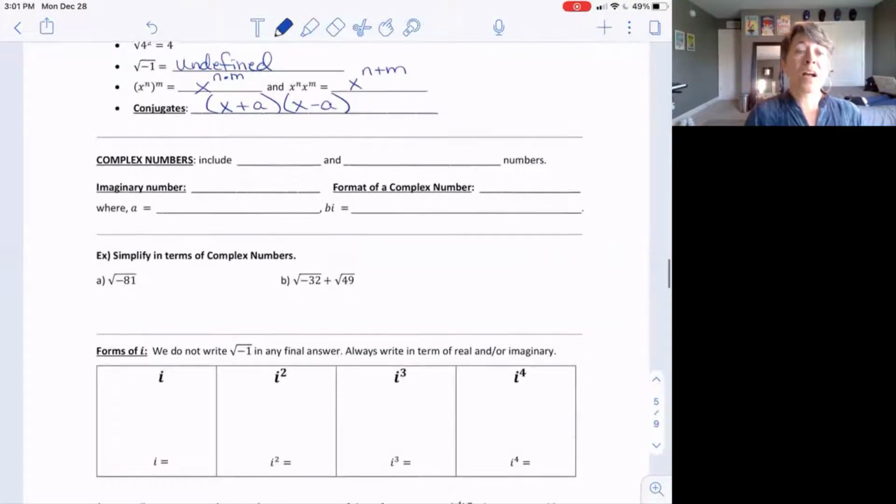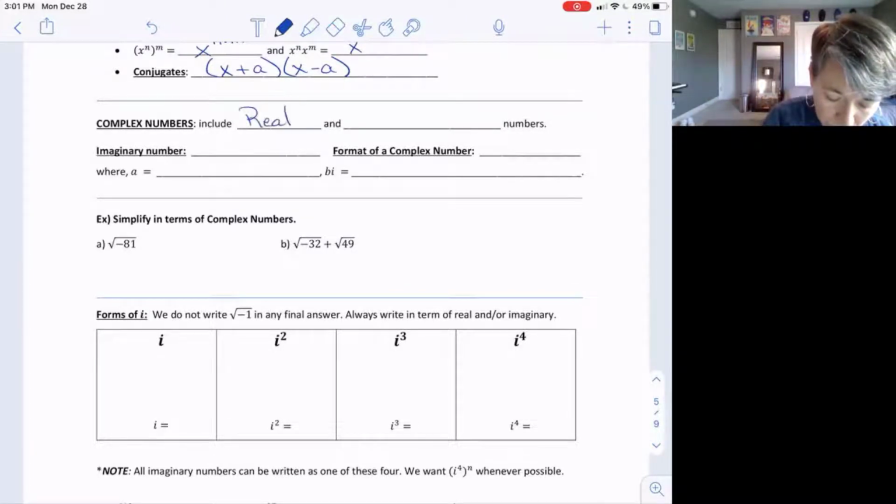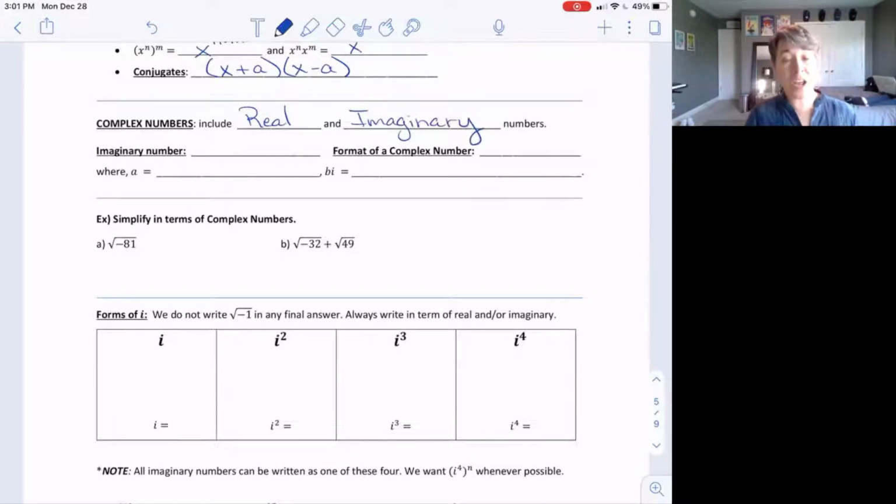So let's focus on complex numbers. The complex number system includes all of the reals that we've worked with forever, but now it also includes imaginary numbers. So now we have to define an imaginary number.